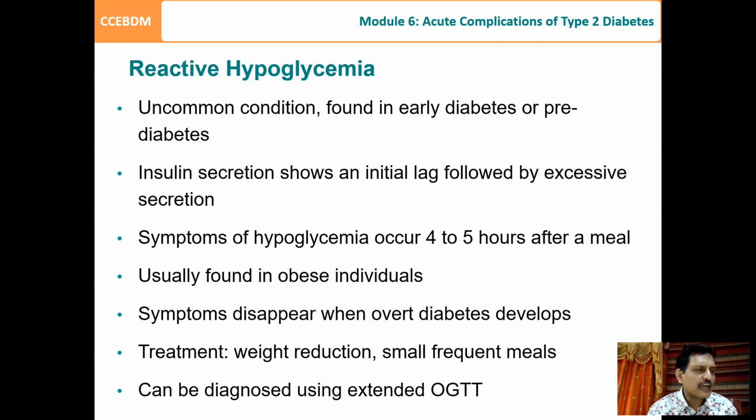Another issue is reactive hypoglycemia, which is found among patients who have early diabetes or pre-diabetes, because insulin secretion is delayed during the early diabetic and pre-diabetic state.